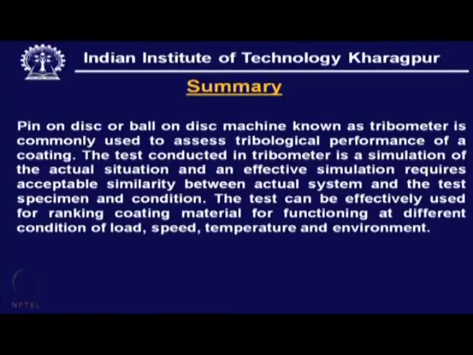The test conducted in the tribometer is a simulation of the actual situation, and an effective simulation requires acceptable similarity between the actual system and the test specimen and condition. The test can be effectively used for ranking coating material for functioning at different conditions of load, speed, temperature and environment.